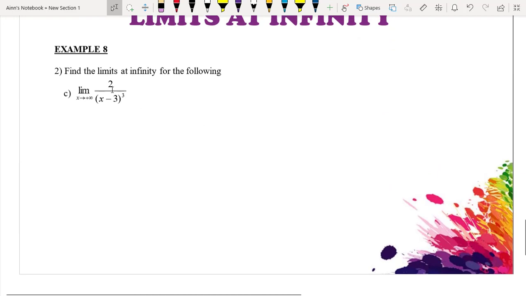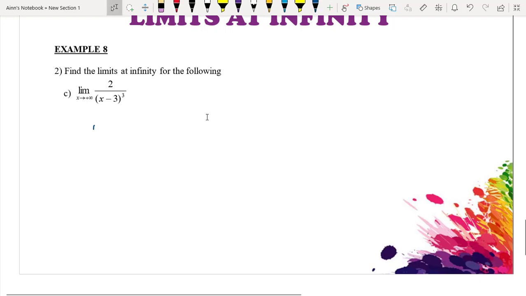Okay, we have the limit of 2 over (x minus 3) cubed when x approaches positive infinity. As you can see here, if we substitute infinity into x, we will have an infinite number. You have to subtract 3 and raise it to the power of 3.